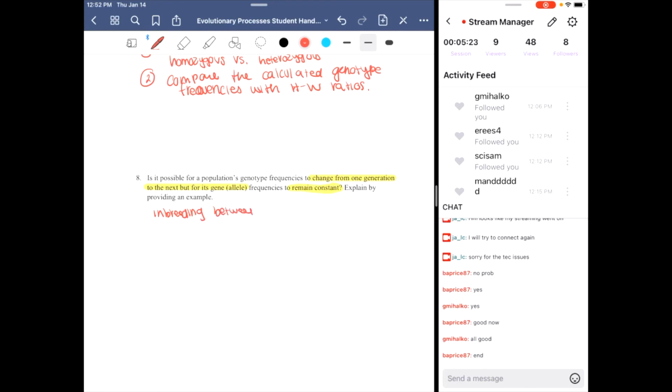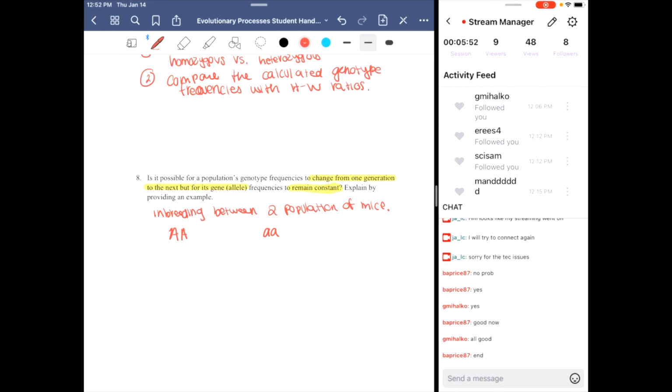Inbreeding between two populations. In one population, the mice will become homozygous dominant, and in the other population, the mice will be homozygous for the recessive trait at a specific locus.